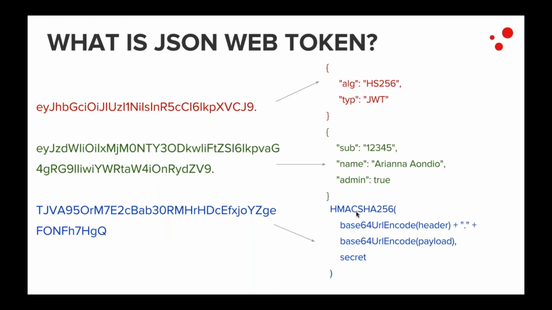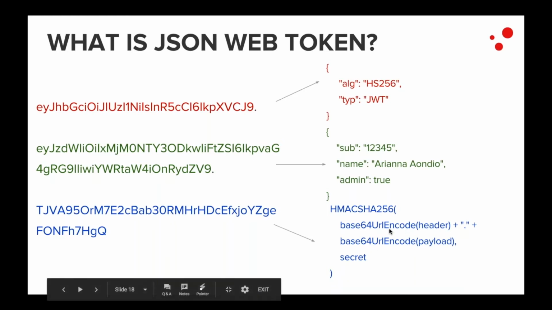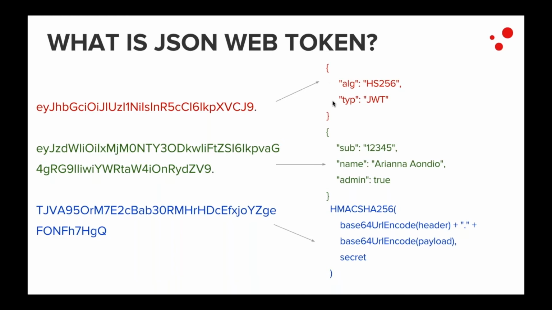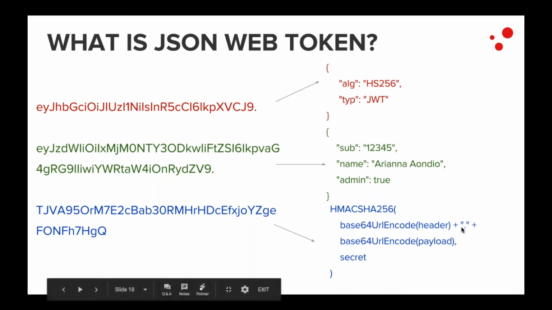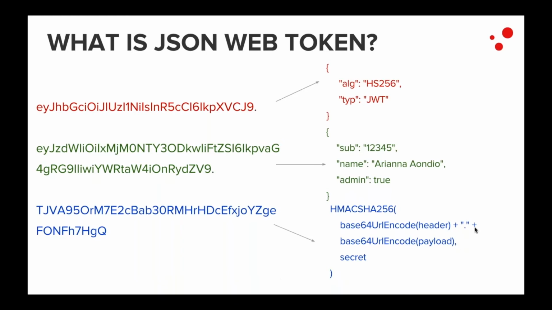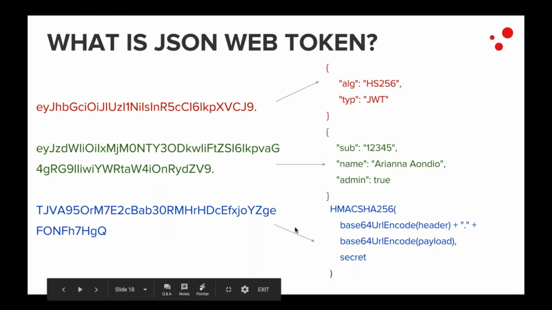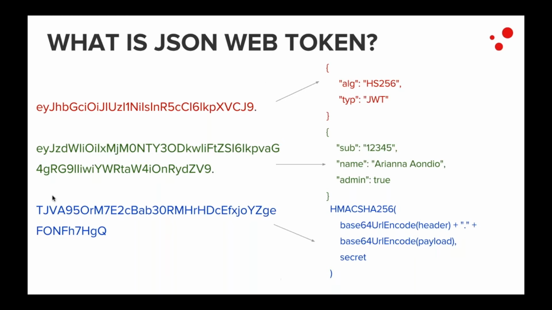So in this case, we did use an HMAC SHA-256, and this cookie has been generated combining a base64 encode taken from the header, which is this first part here, concatenated with a dot, concatenated with the payload, which is this JSON field here. And the word secret has been used as key to generate this HMAC result.